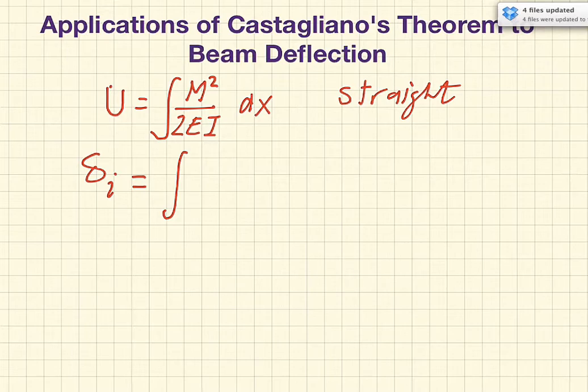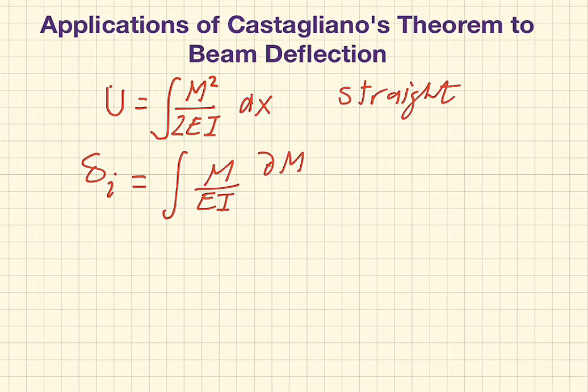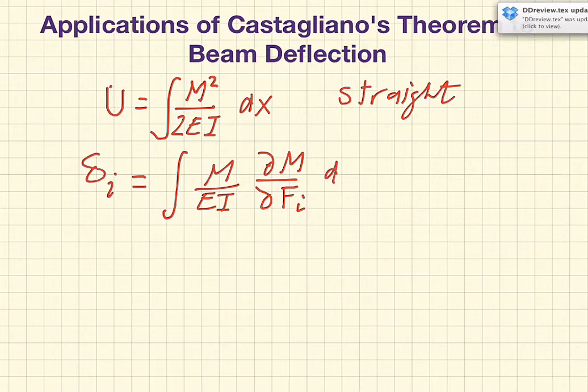So we have to take the derivative of M squared. It would be 2M. The 2 cancels the 2 on the bottom. So we are left with M over EI. And then we take the derivative of M with respect to the force F sub i, and that is integrated over the distance x. So this is from 0 to L.